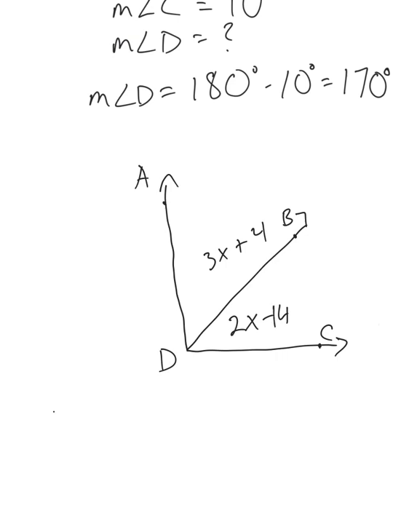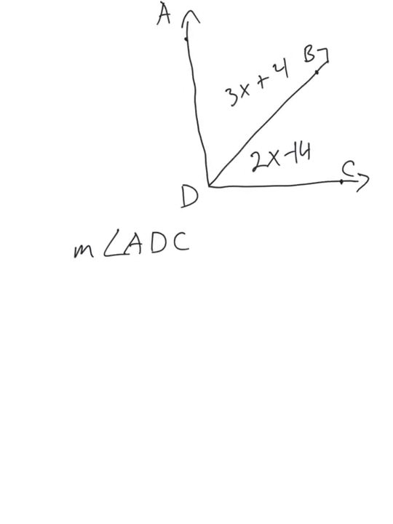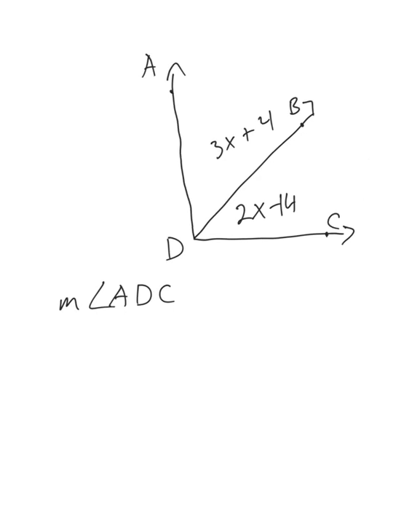And they want us to find the measure of angle ADC. Well, we know the measure of angle ADC is the right angle. So we know the two have to add up. They're complementary angles. They have to add up to equal 90 degrees. So we just add the two parts: 3x plus 4 plus 2x minus 14 must equal 90 degrees.